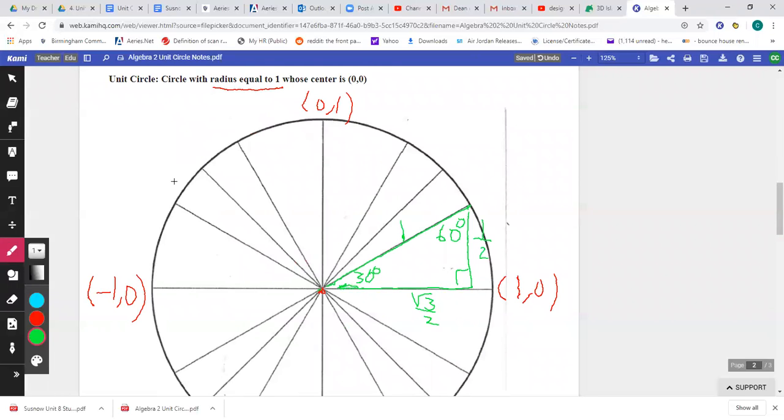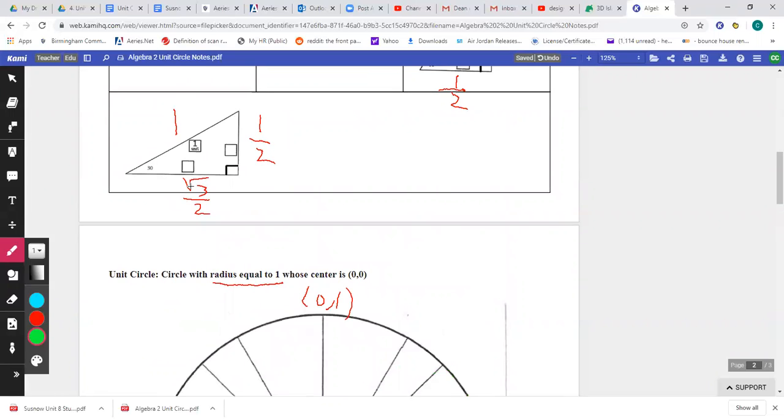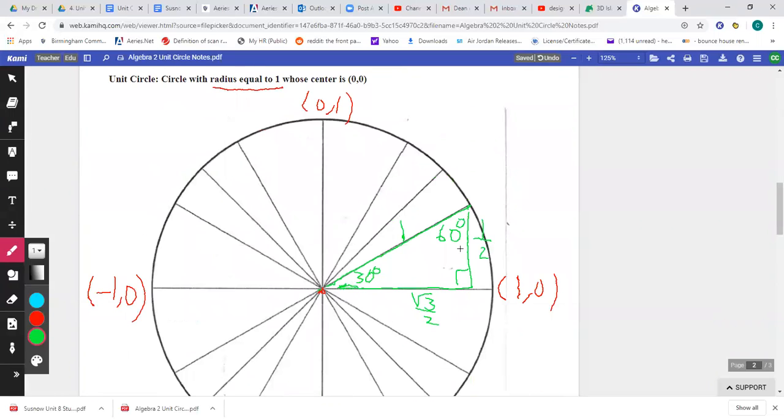So does everyone see what we did? We took this triangle that we made here, and we just put it into this circle.